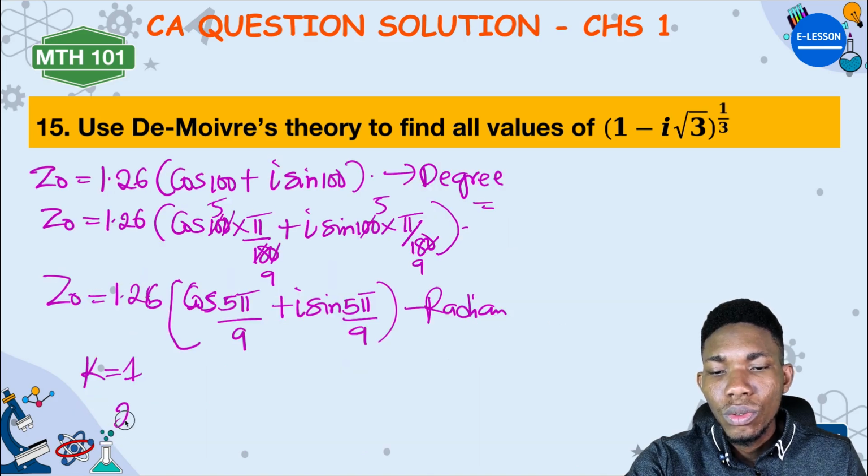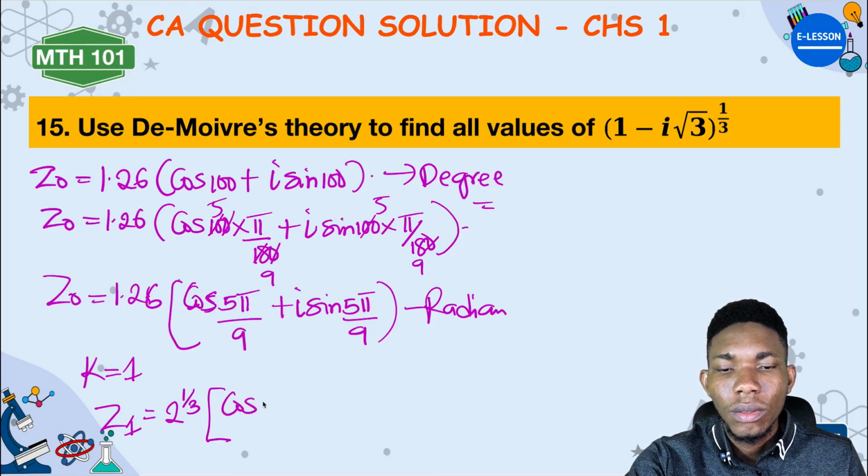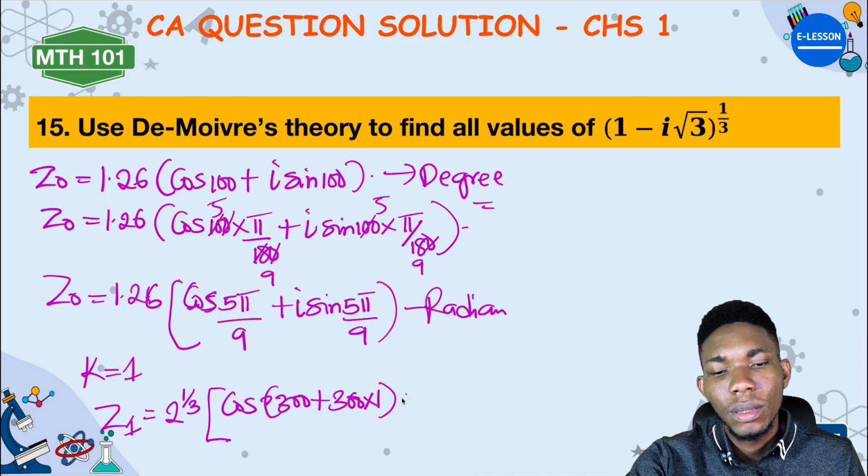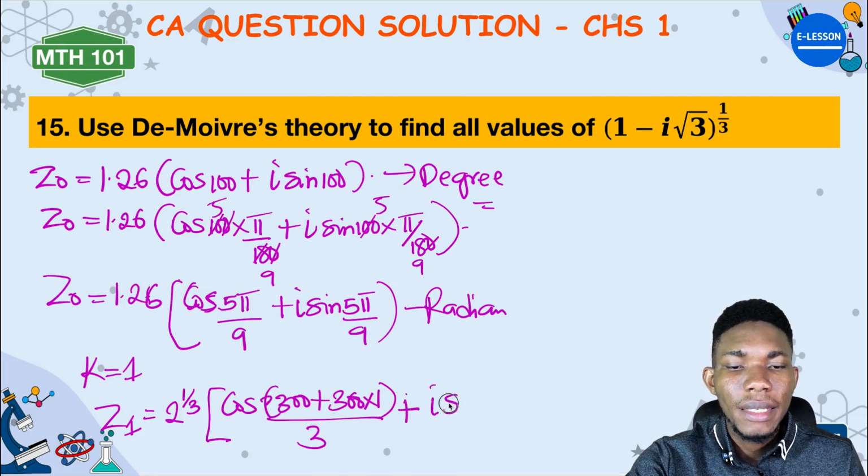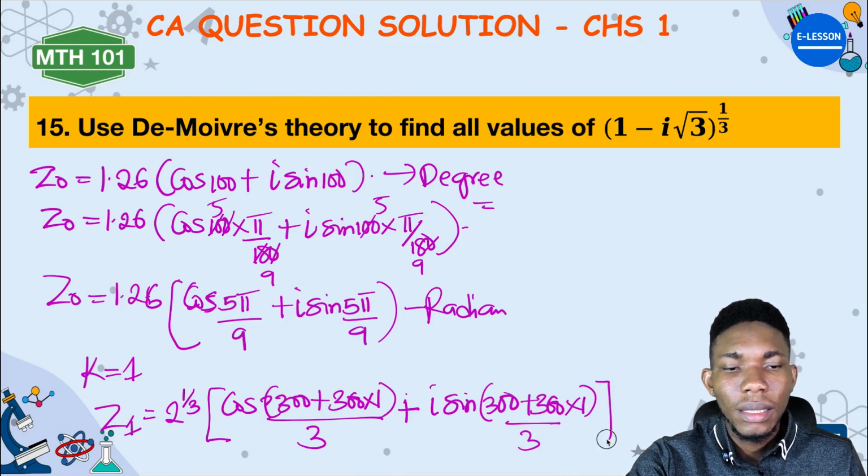Z1 is 2 to the power of 1 over 3, bracket cos of 300 plus 360 times 1, divided by 3, plus i sin of 300 plus 360 times 1, all divided by 3.